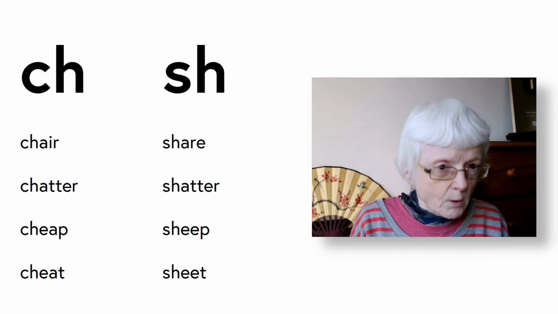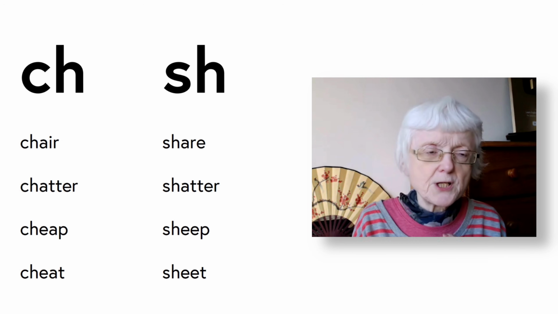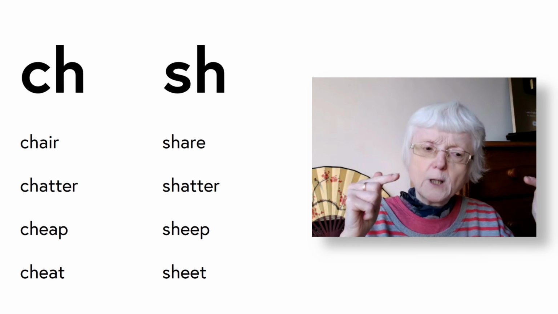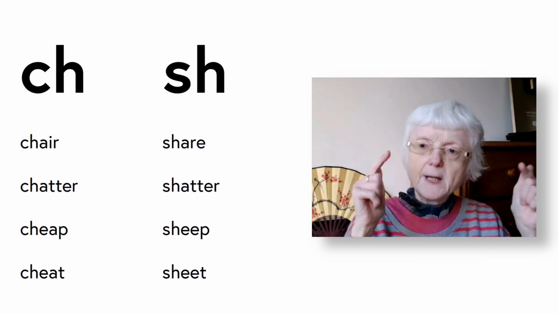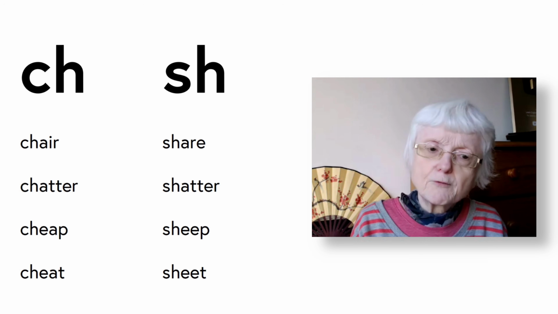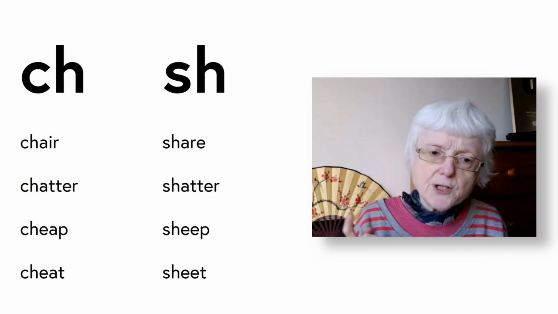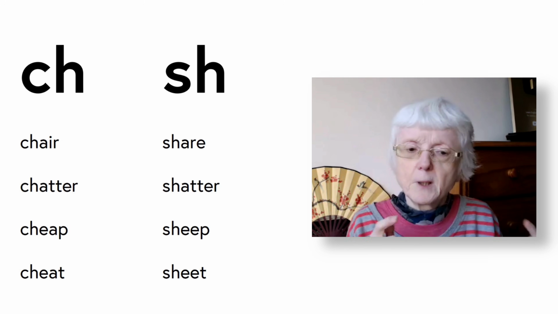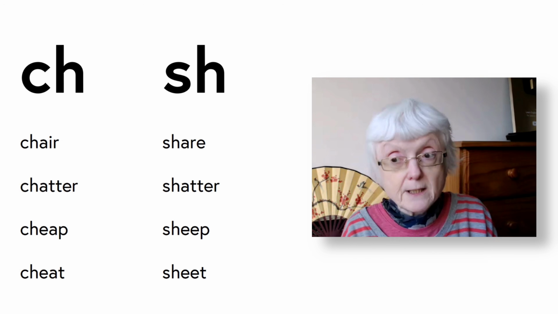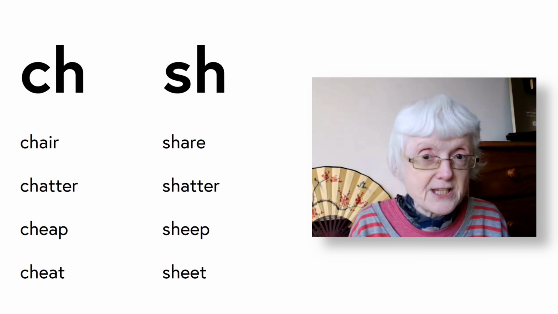Okay, so what we have here is the two sounds at the top, ch and sh, and then we have pairs of words, and each pair are almost exactly the same, apart from the ch and the sh. And sometimes they look very similar because of the spelling, but other times, because English spelling is a bit strange, it's not phonetic.